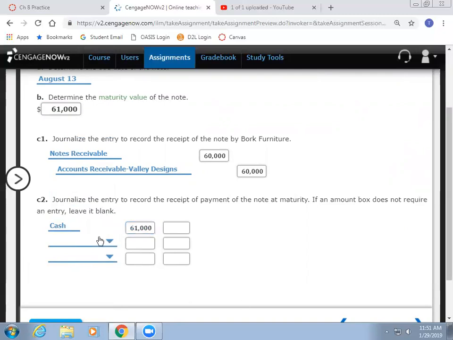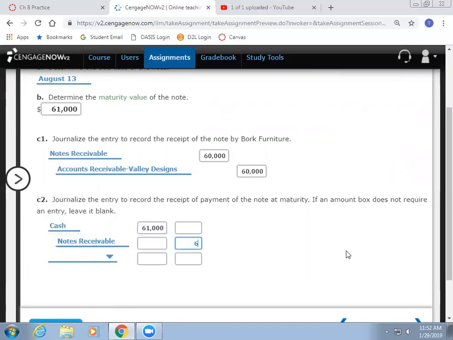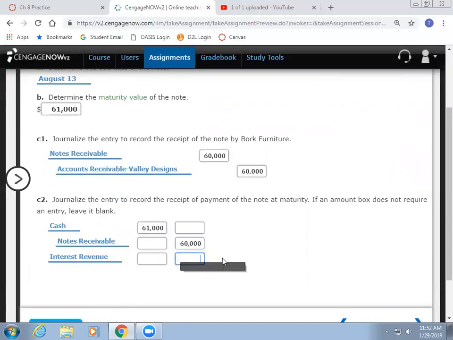Of that, $60,000 is going to be credited to notes receivable, just to clear off that note. And the other $1,000 gets recognized as a credit to interest revenue. So we made $1,000 in interest, and that gets credited to interest revenue.